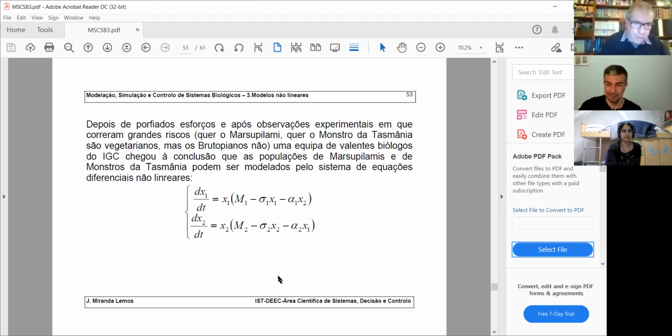And we want to know how they evolve, and to solve questions like, suppose that they were living in, imagine an island. Tasmania is an island. And there are no other animals, but they became extinct.